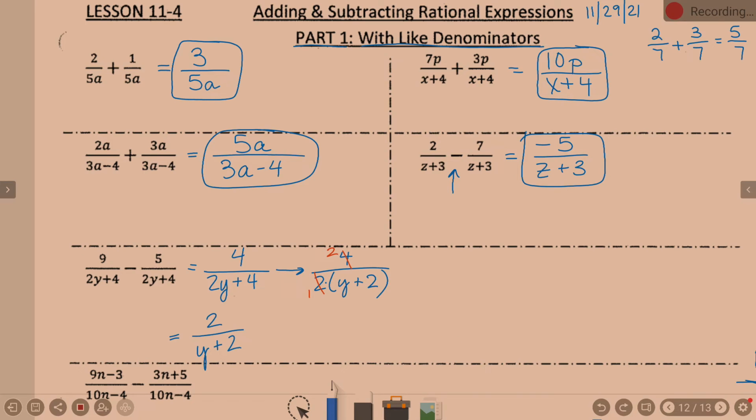And so we end up with 2 over y plus 2, which just so happens to be the same answer we got last time. On a problem like this, I don't care which way you go. They both work. The difference is there are times when you have to be able to factor.